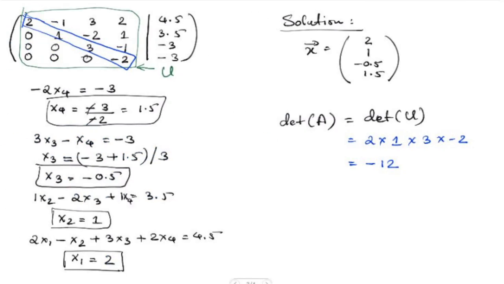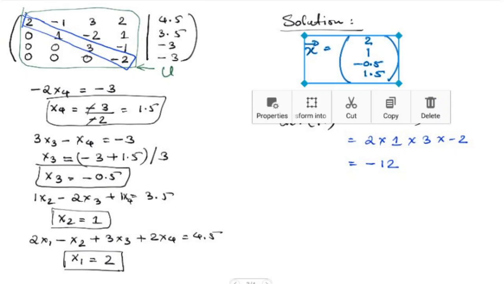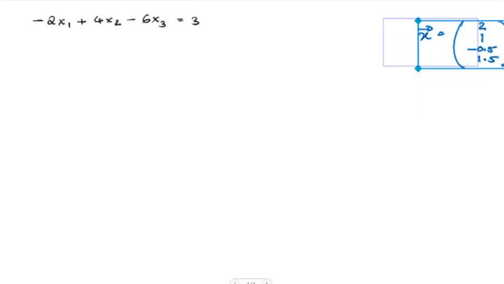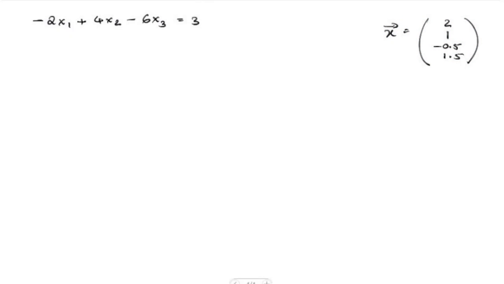So if we look at our values of the solution vector here again, let me paste it here. So we have minus 2 times x1, which is 2, plus 4 times x2, which is 1, minus 6 times x3, which is minus 0.5, and this should be equal to 3.